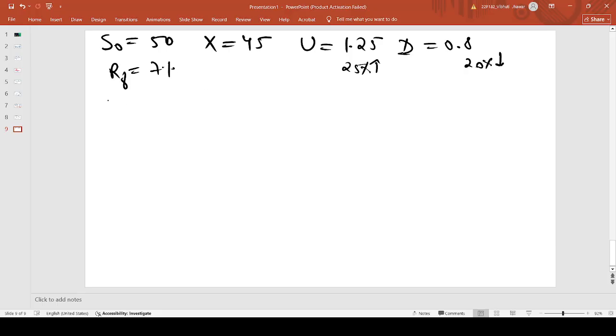Now, what is the value of the call option? We have been given everything. We have to take out the value of the call option. So first of all, let us calculate the probabilities.